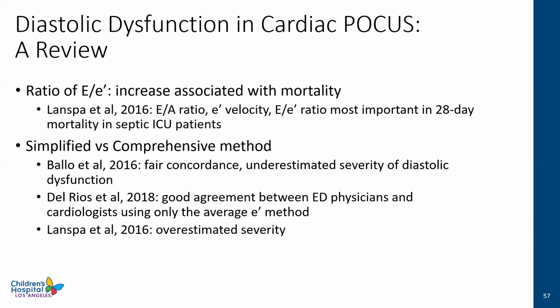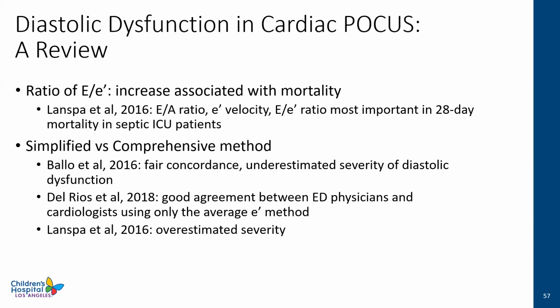And so a lot of studies have tried to see if there's a simpler parameter we can do by POCUS, and how that compares to doing a full echo for diastolic dysfunction. There have been a couple of studies that looked at using a simplified method versus a comprehensive method. Unfortunately, the reviews are mixed.